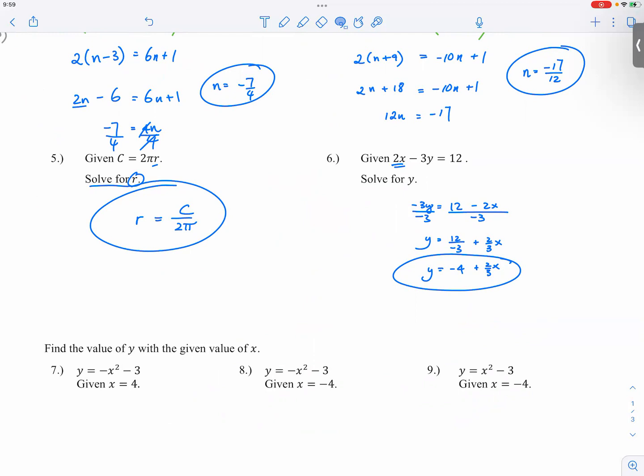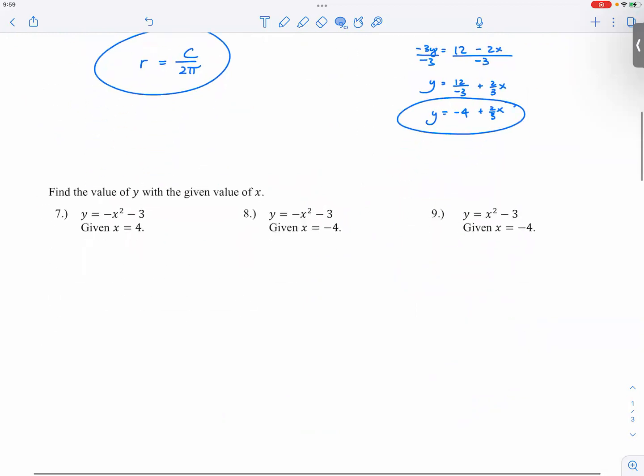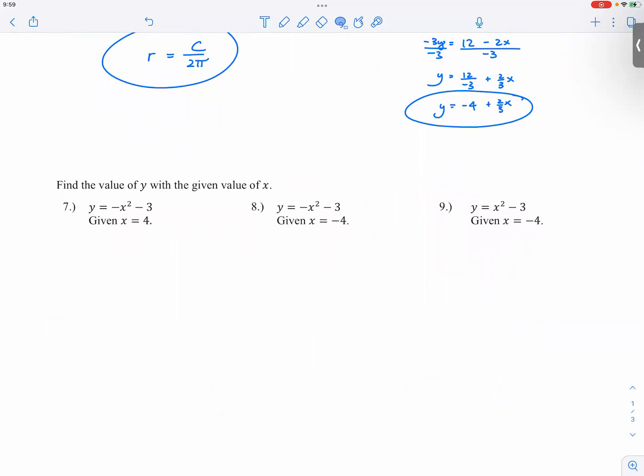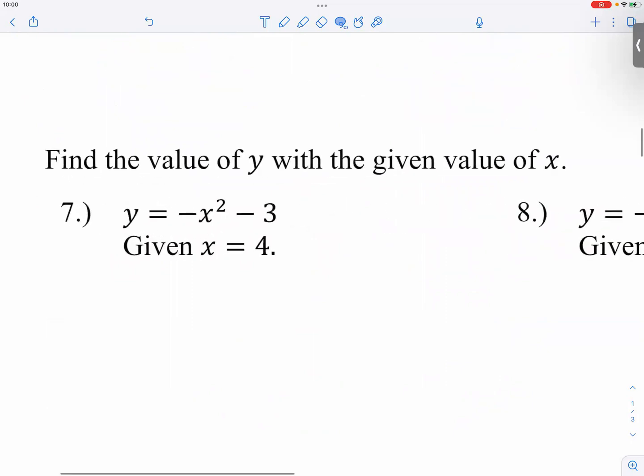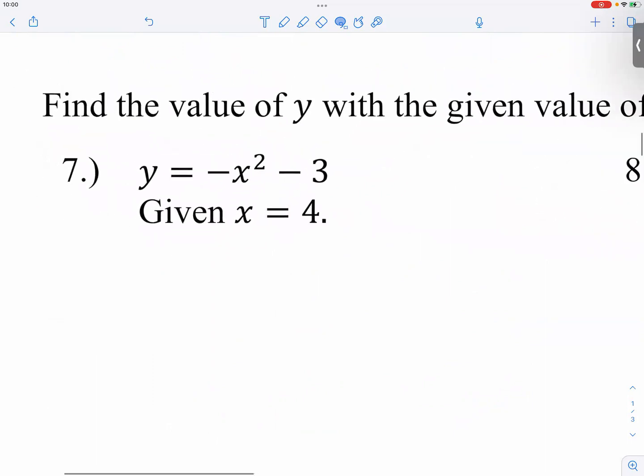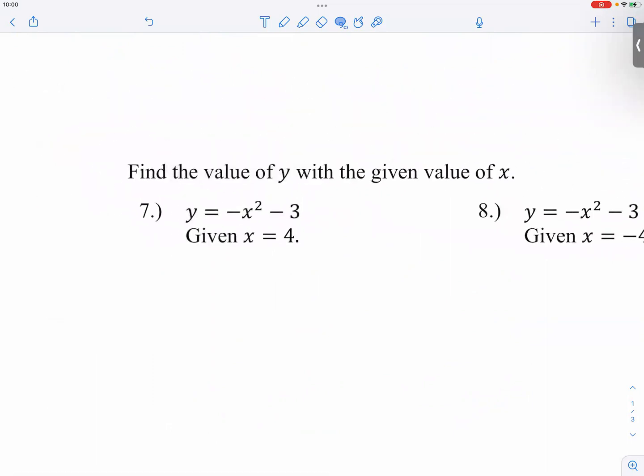Now, for the remaining questions on this page, it's very straightforward. But I just need you to do one thing for me and for yourself. First, we say, hey, please go ahead and find the value of y when we give you the value of x. That's the equation, and x is there.